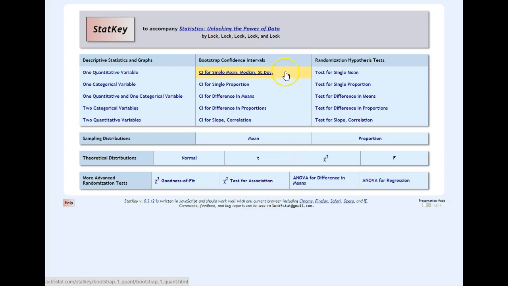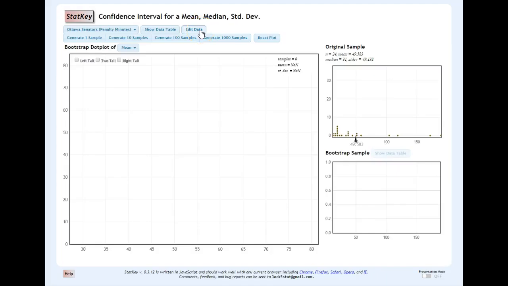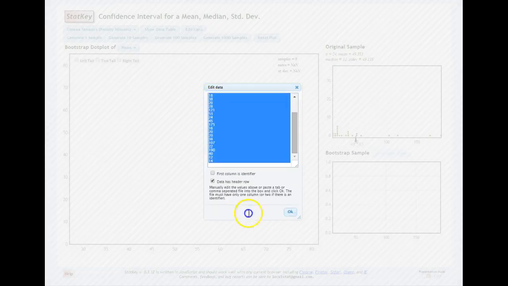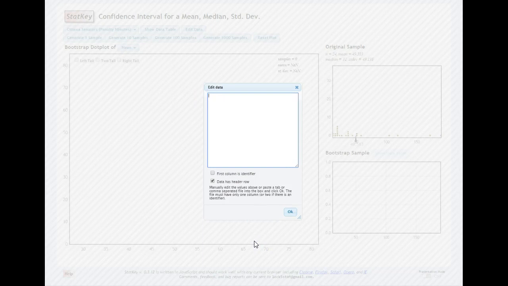So we're going to start out with that confidence interval for a single mean. We open that up, and when we look at our data, we will go to Edit Data, and we will replace this with a list of the differences.